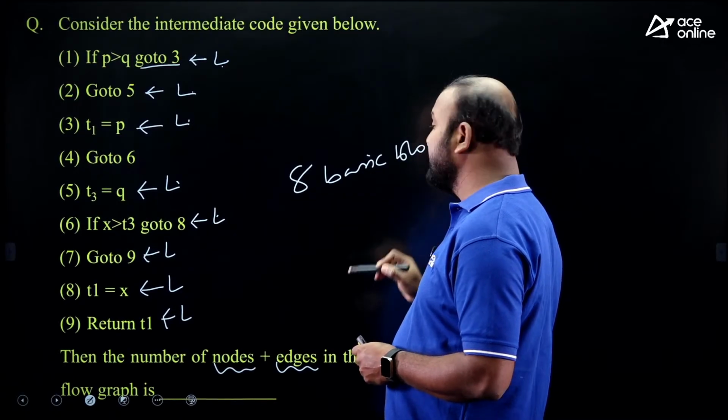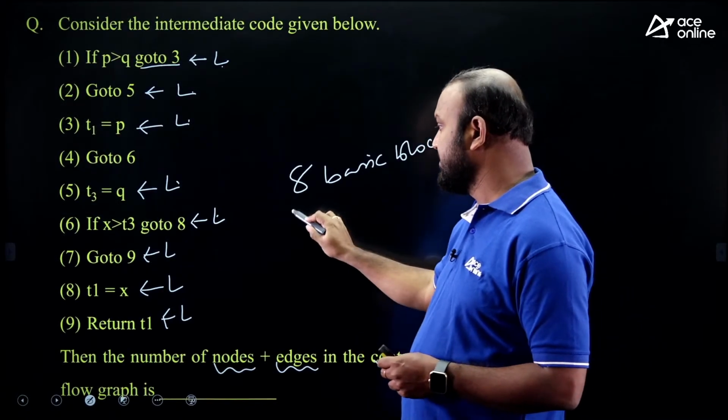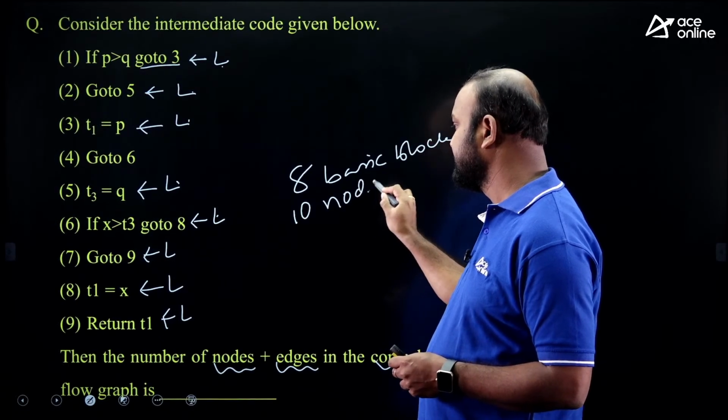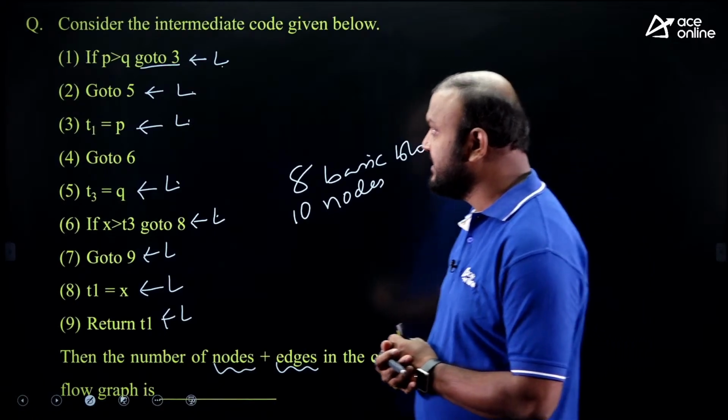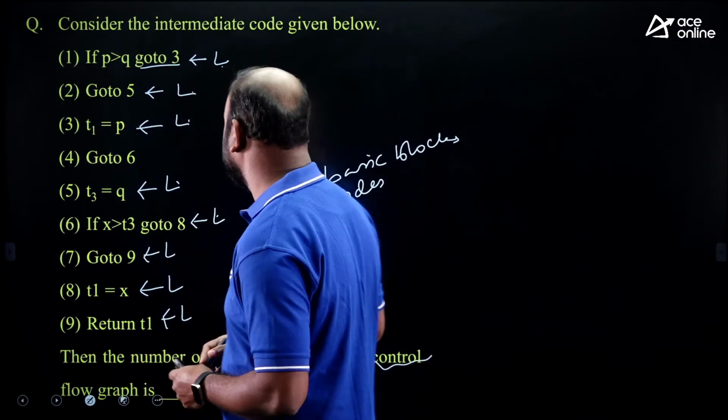And in a control flow graph, we have a start node and an end node, which means 10 nodes are possible. Edges are also given, so you have to understand the flow.